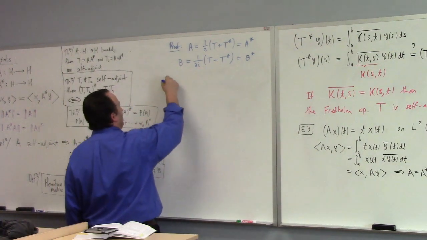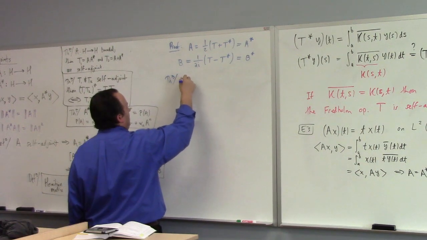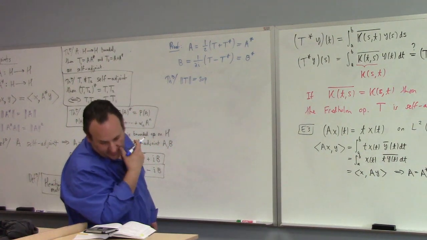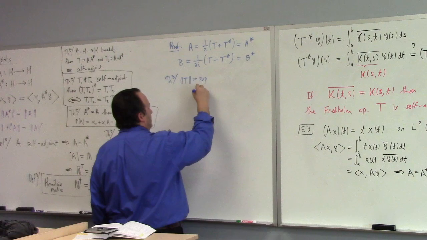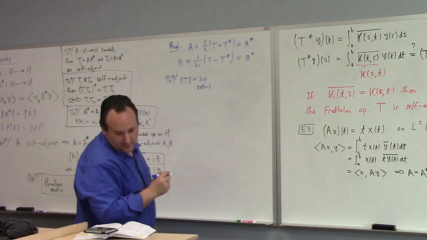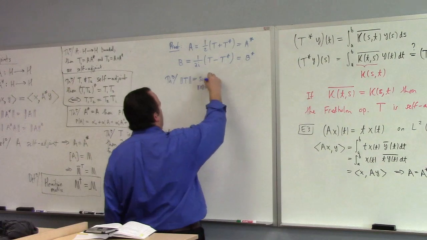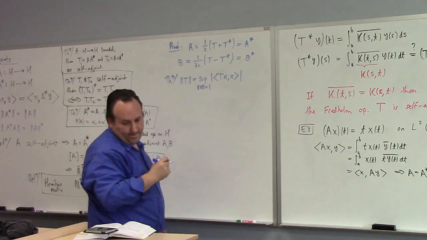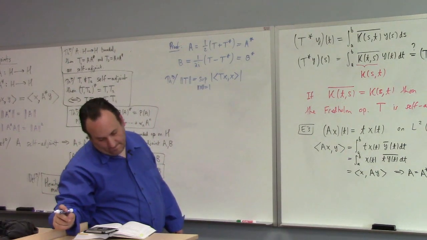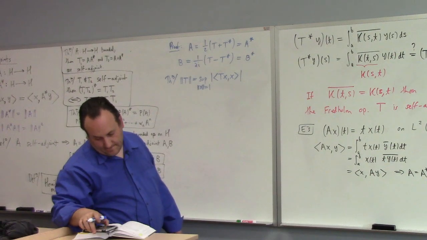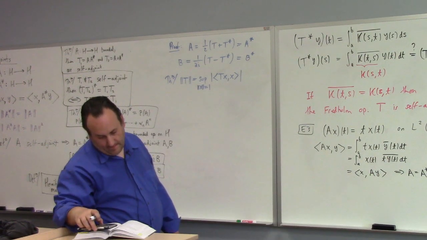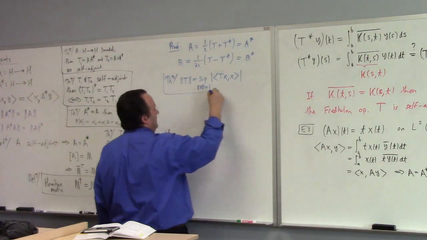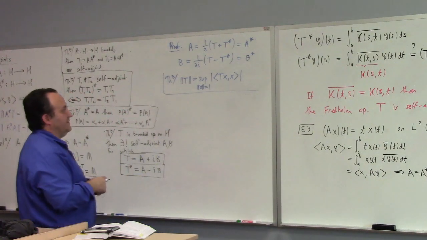The norm of a self-adjoint operator T on a Hilbert space is the supremum over the unit ball, I guess, of X with norm X equal to 1, of the absolute value of the inner product of Tx with X. And the proof of that is actually about a page. So this is not an entirely trivial theorem.